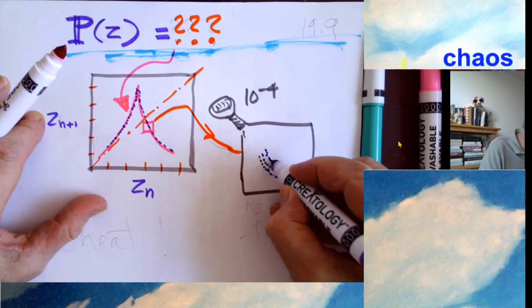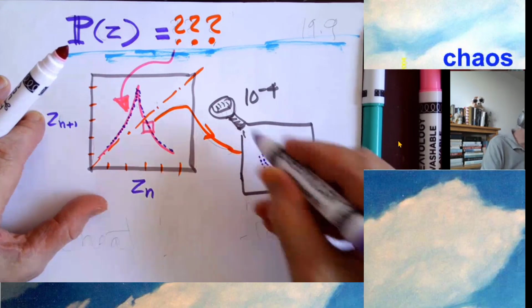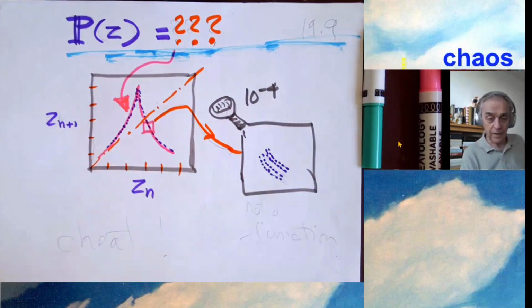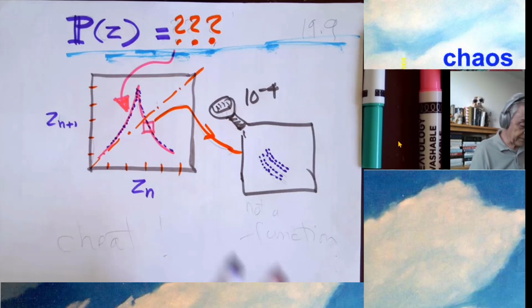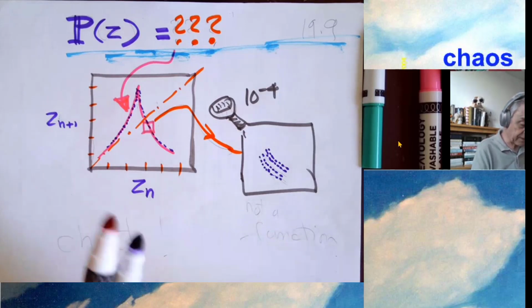There is no one line. There's a bunch of them. And the more I use my magnifying lens, I get more and more lines where I sit on, smooth lines, but separate lines. And that means this is not a function, because a function has a unique value.